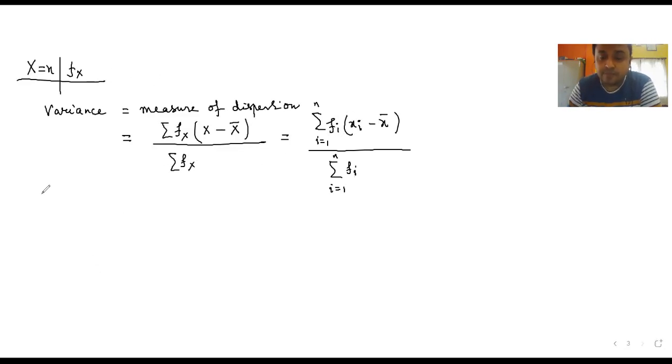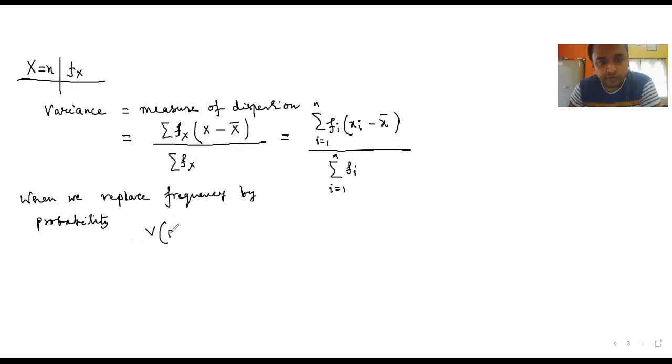But when we replace frequency by probability, you already know that this denominator part will vanish, and the variance of the random variable will then be summation over x.